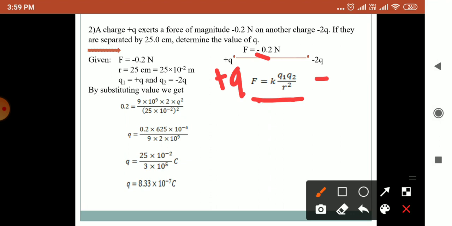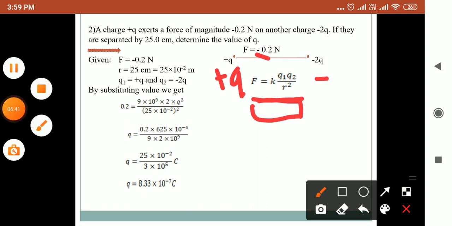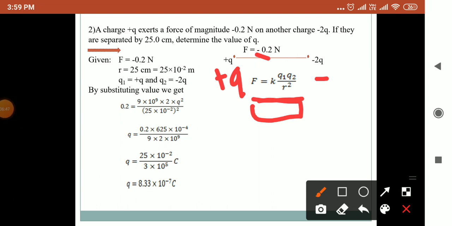So here we have the formula from Coulomb's law, F equal to K into Q1 Q2 upon R square. Given values are F equal to minus 0.2 Newton, R, that is the separation distance between them, is 25 centimeter. Convert it into SI unit, 25 into 10 raised to minus 2 meter.